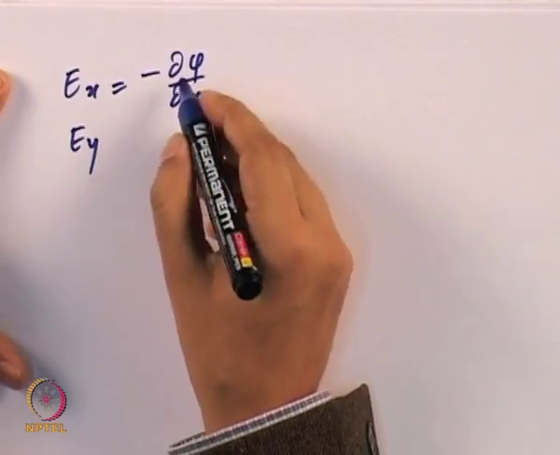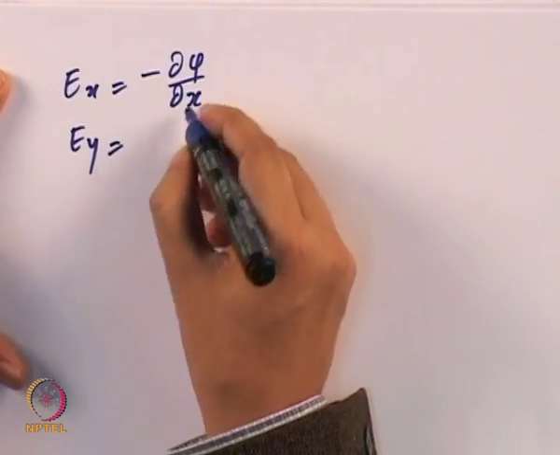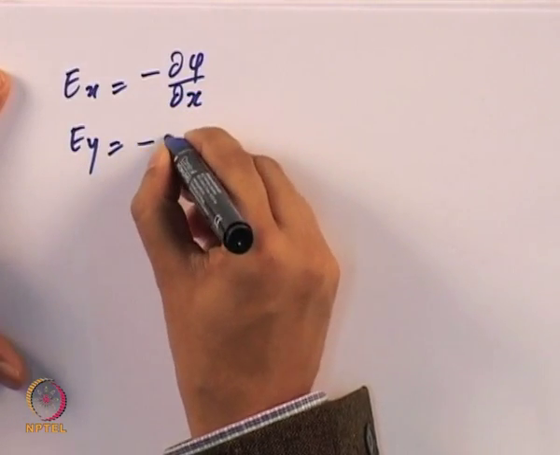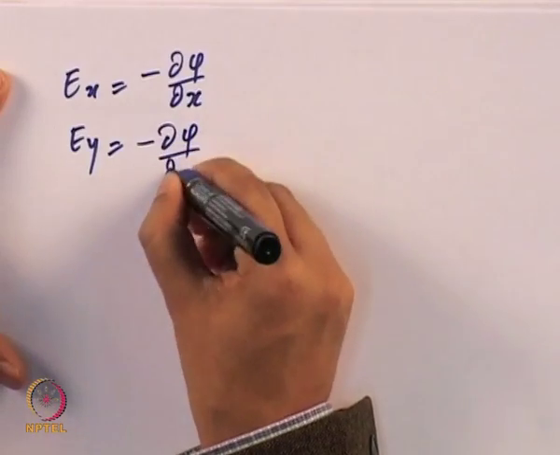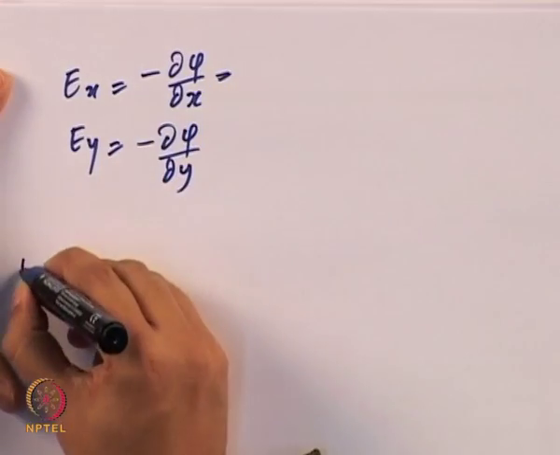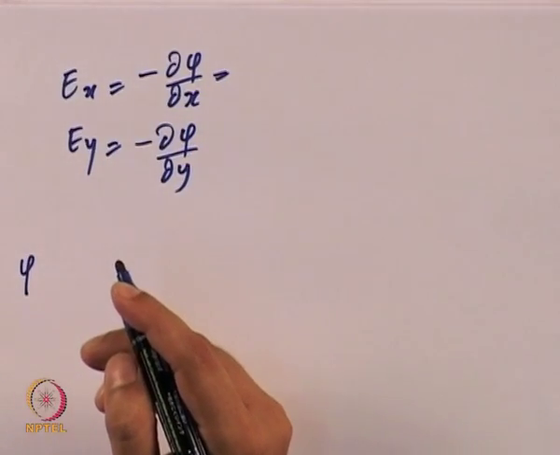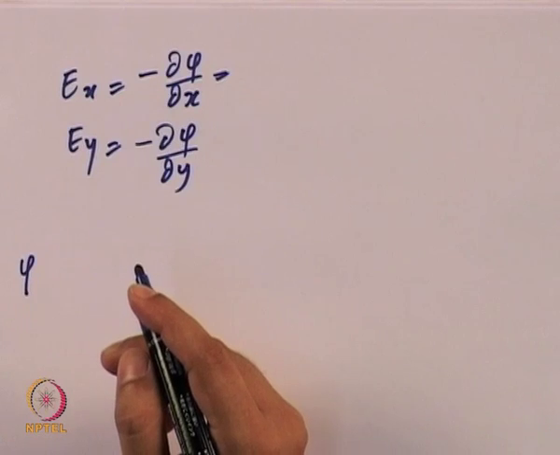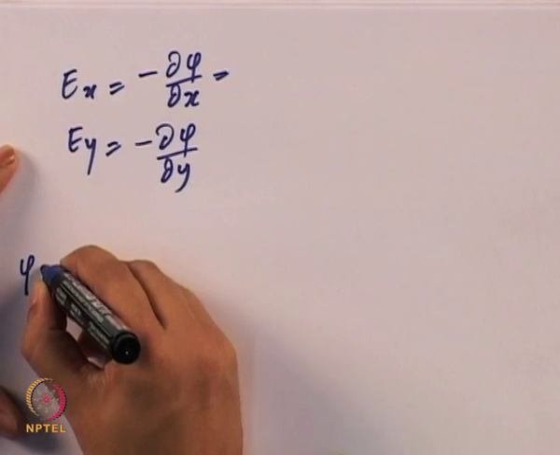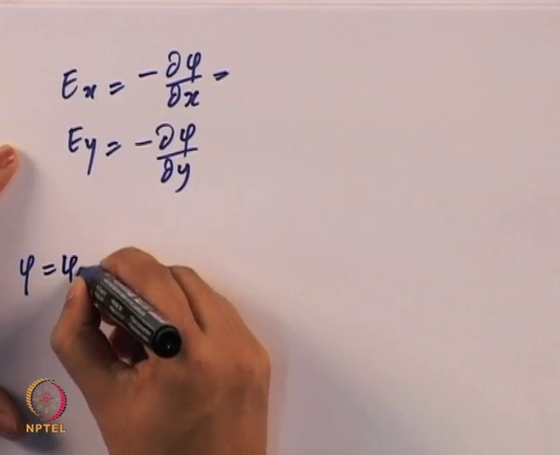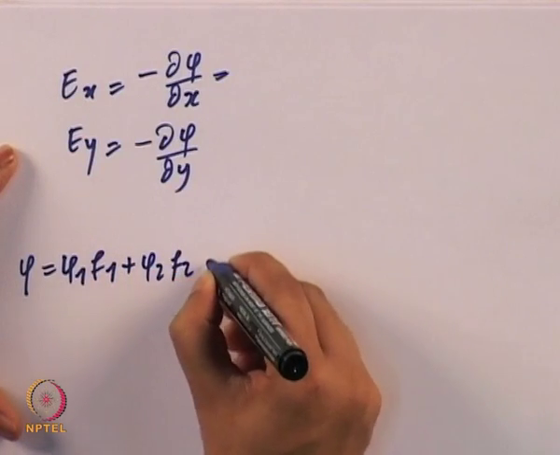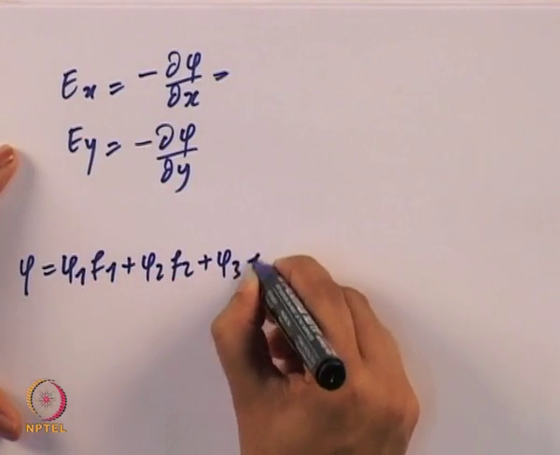Remember, I am using partial derivatives here because there are 2 variables in the space, x and y. So I have to use partial derivatives. I know the value of phi from my earlier assumption. So phi is going to be given by phi 1 f1 plus phi 2 f2 plus phi 3 f3.